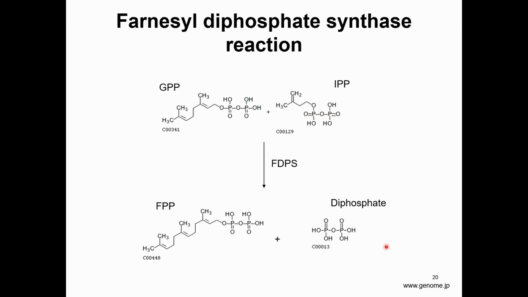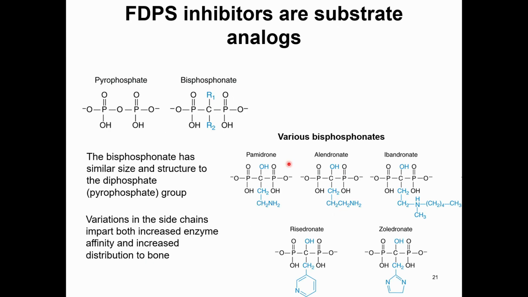Diphosphate here, and this is free diphosphate. So farnesyl diphosphate synthase, this enzyme participates in bone resorption, and a class of drugs have been developed called bisphosphonates that are also substrate analogs.